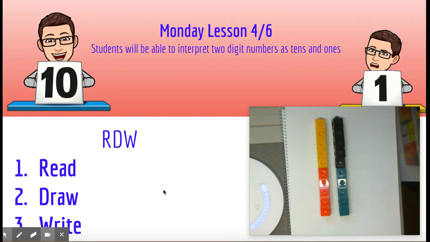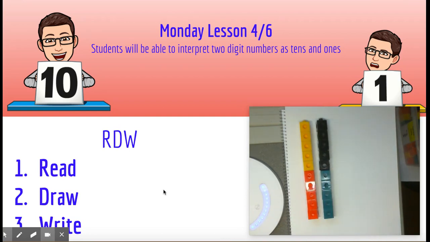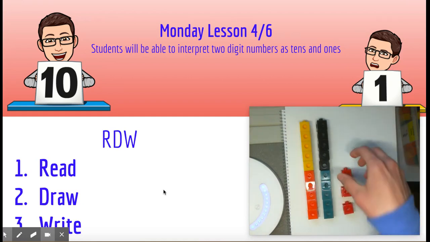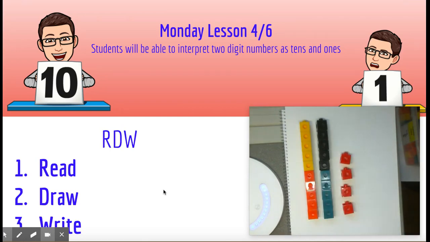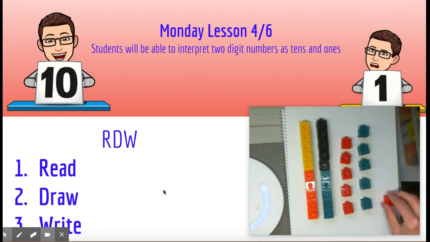Right, 12. So 10, 20. We're going to do 12 1s. 1, 2, 3, 4, 5, 6, 7, 8, 9, 10, 11, 12.